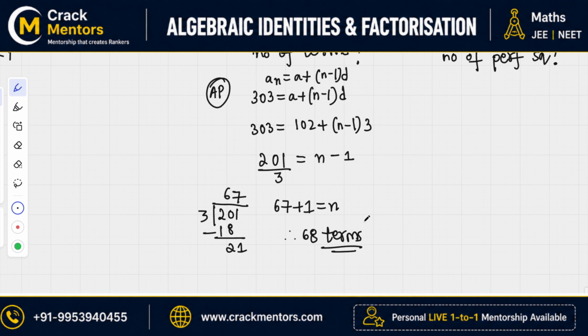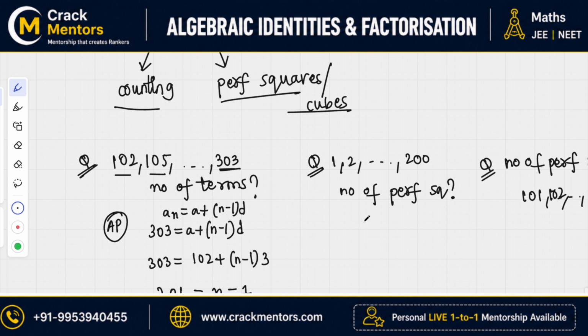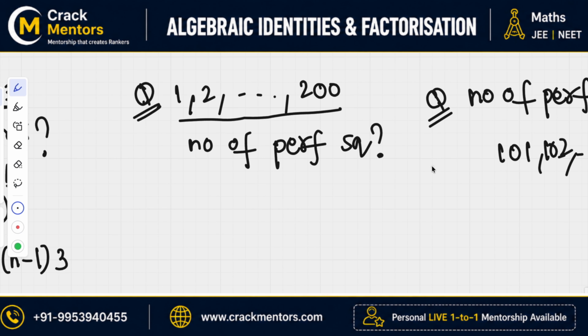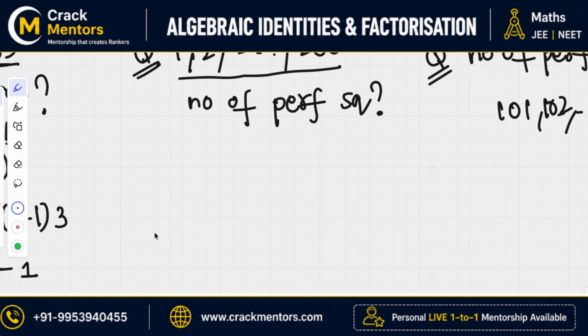Okay. Now another application is when somebody asks you that, let's say this is a sequence, how many perfect squares or perfect cubes are there? So let's talk about that. Now you have 1, 2, 3, and so on till 200. So 1 is a perfect square, 4 is a perfect square.